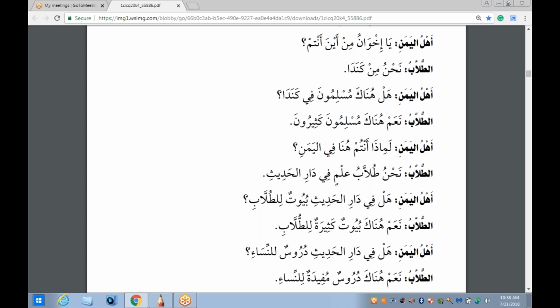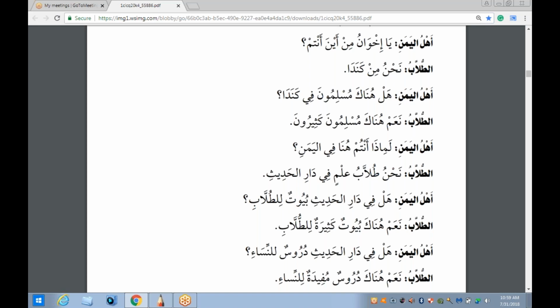There are a lot of houses. There are plenty of houses for the students. نعم هناك, yes, there are هناك بيوت كثيرة. Why do we say كثيرة? Because buyut is plural, so we need a ta in كثيرة indicating that the word is plural. نعم. طيب.